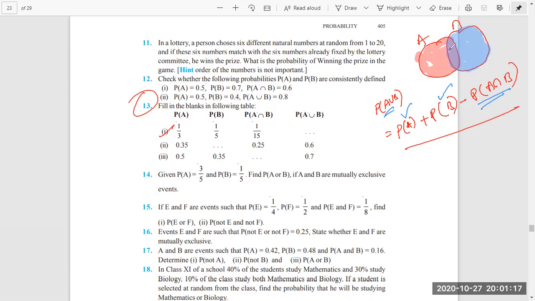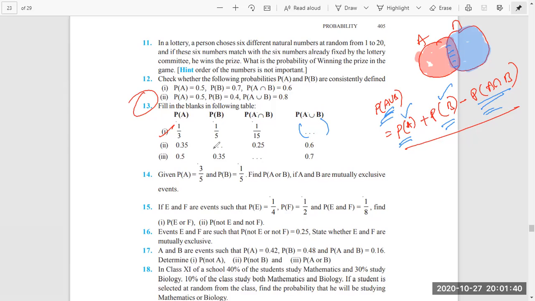While adding A and B, you are adding this part twice. That's why I'm subtracting the intersection part, so that it is not repeated. So the probability is the probability of individual event A plus probability of individual event B minus probability of the intersection. 1 by 3 plus 1 by 5 minus 1 by 15.